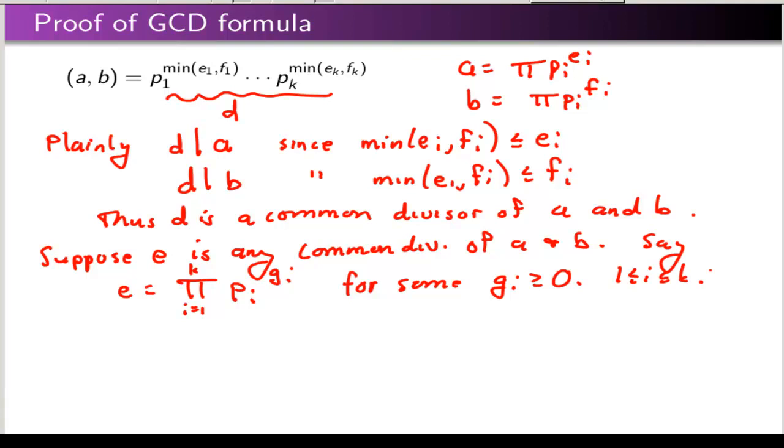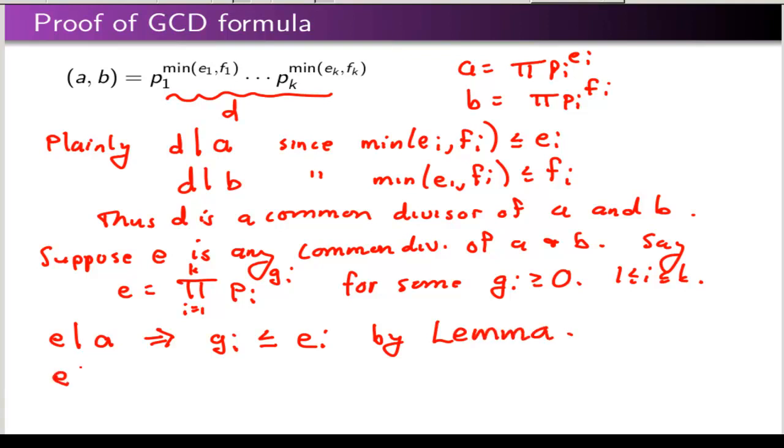Okay, well, E is a divisor of A means what? By the lemma we just looked at, we have p_i to the g_i is the power of p_i dividing E, and therefore g_i must be less than or equal to the power of p_i dividing A, which is e_i. By our lemma.